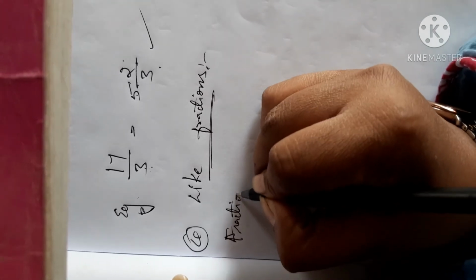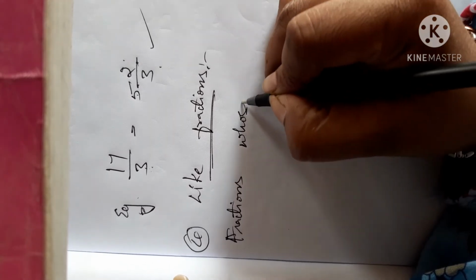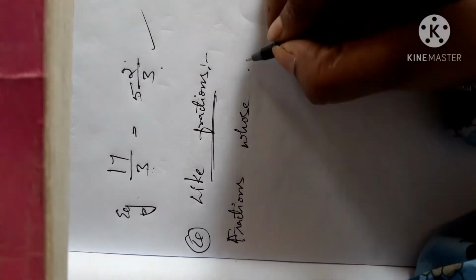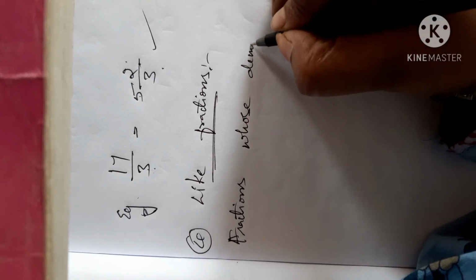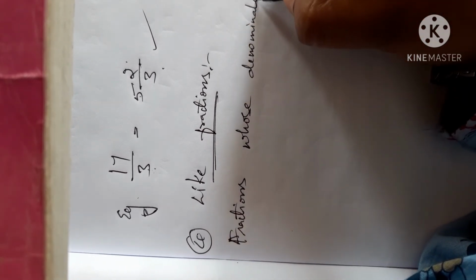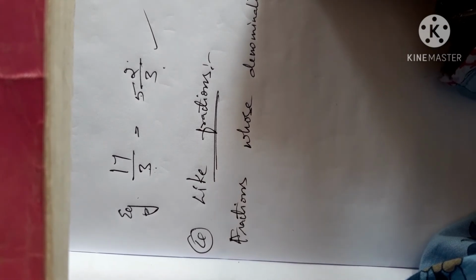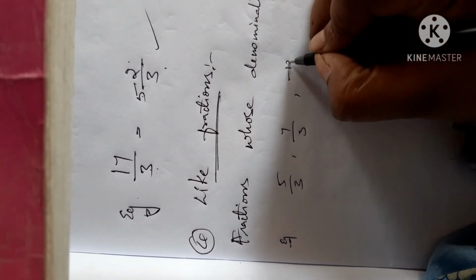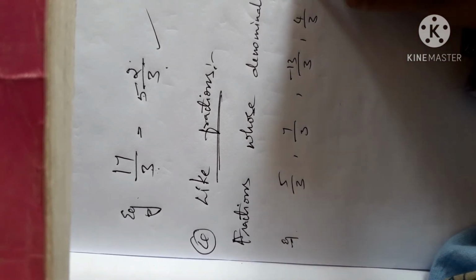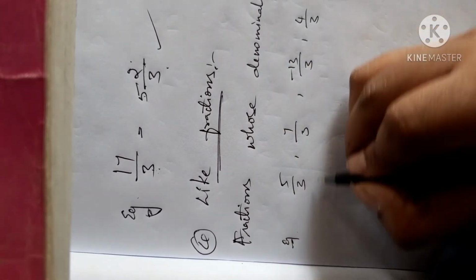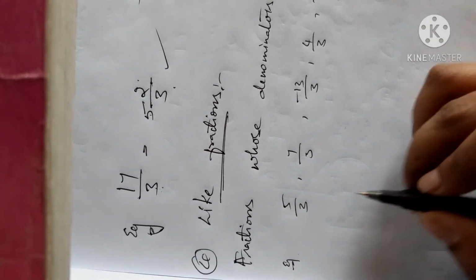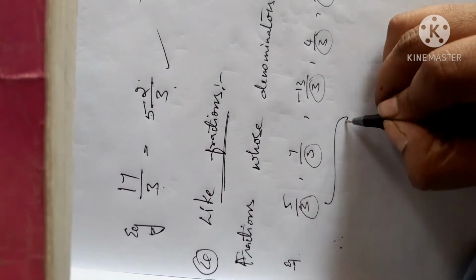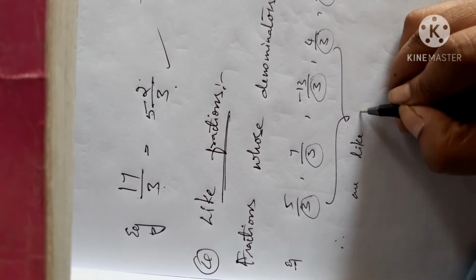The fourth type is like fractions. Like fractions are a group of fractions whose denominators are the same. Example, 5 by 3, 7 by 3, minus 13 by 3, 4 by 3, 11 by 3, etc. If you observe this group of fractions, all the denominators are 3, therefore they are like fractions.